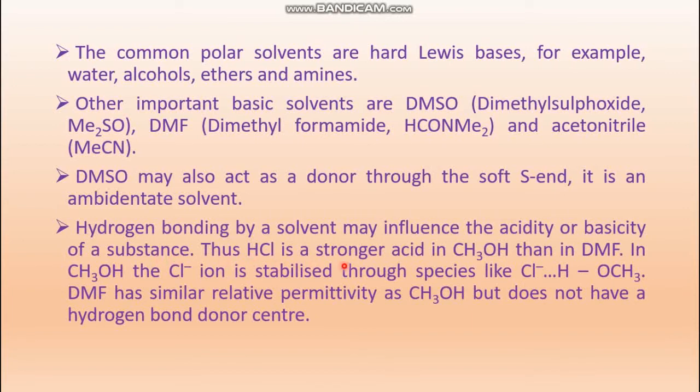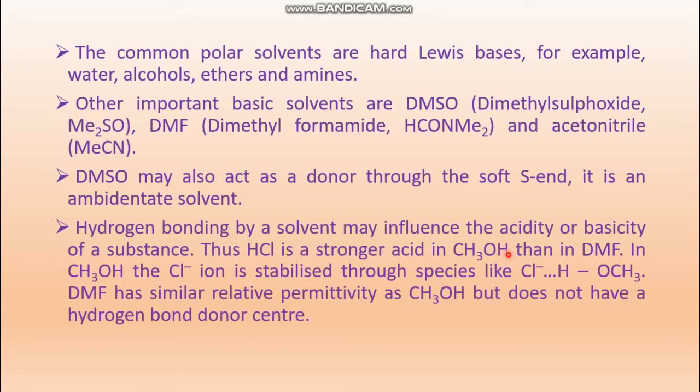Thus, HCl, hydrogen chloride, is a stronger acid in methanol than in dimethyl formamide. Why? Very simple. Methanol has an active O-H site that has the power to form hydrogen bonding. This hydrogen has a highly delta positive value, isn't it?